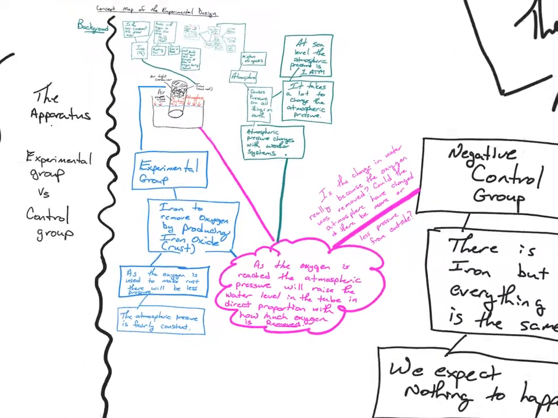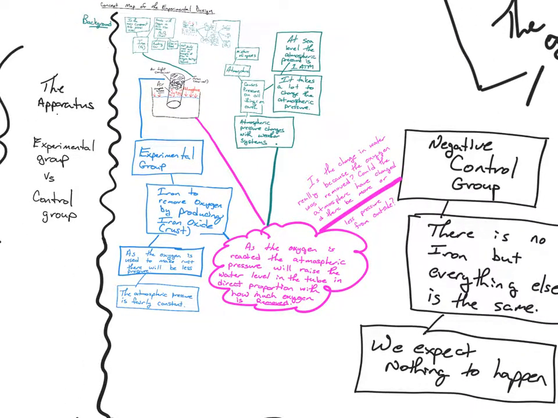So that experimental group allows us to really think about what the results mean. We know that we're going to have results. That's our evidence. We made a claim, and now this sequence of ideas helps explain our reasoning.